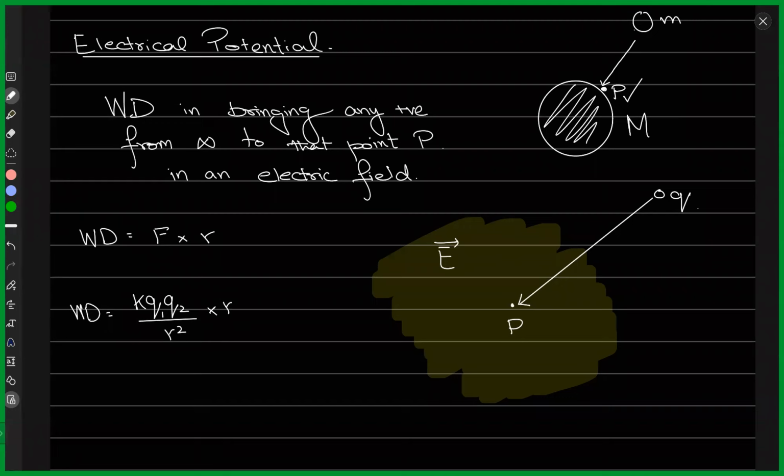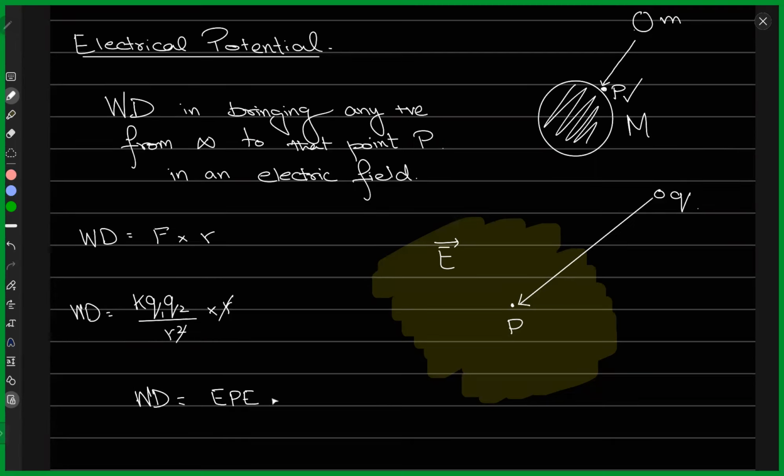Remember, the point P should be inside the electric field. Okay, so now this R cancels this square, and you're left with work done, which is essentially the electrical potential energy.